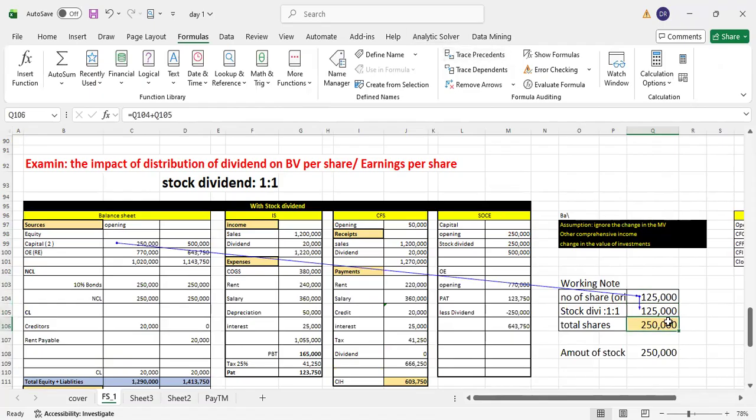So the total number of shares post distribution of stock dividend will become 250,000. But what is the value of the dividend? The value of the dividend is the value of the capital given. So the value of the capital will be the number of bonus shares issued multiplied by the face value, which is the amount of stock dividend, 250,000.